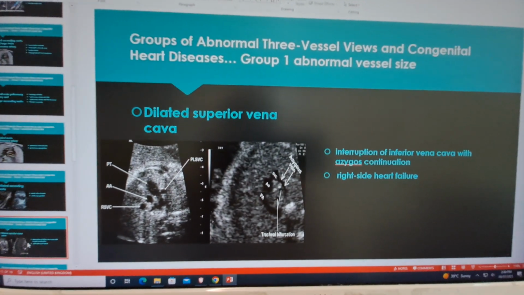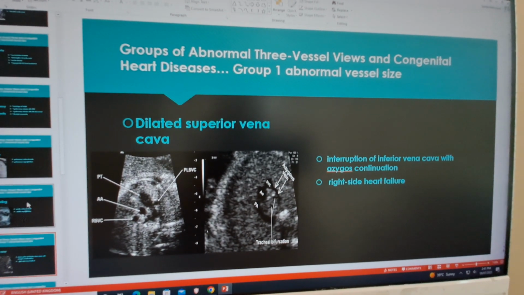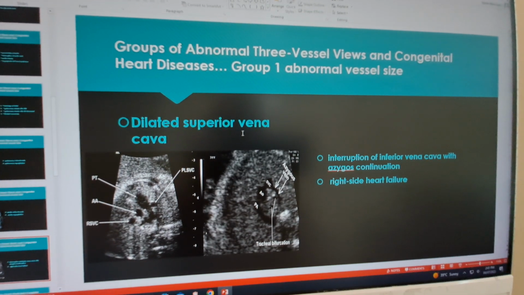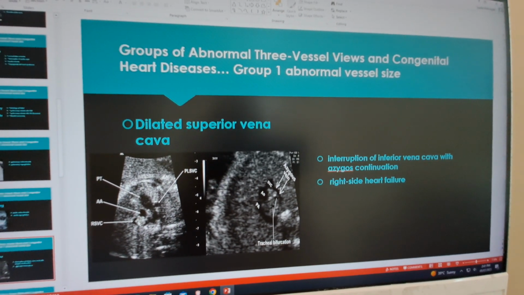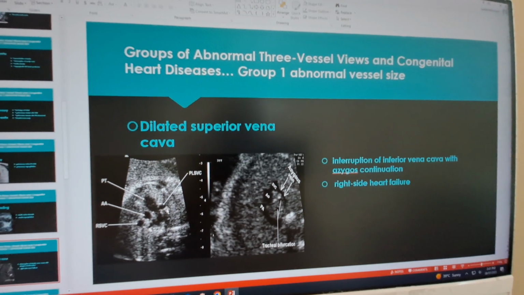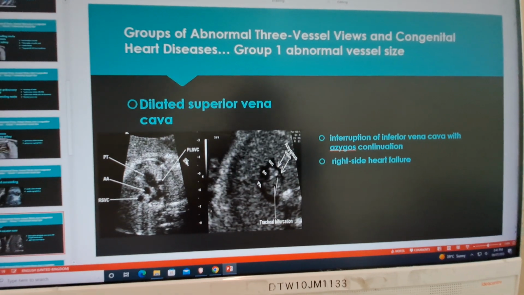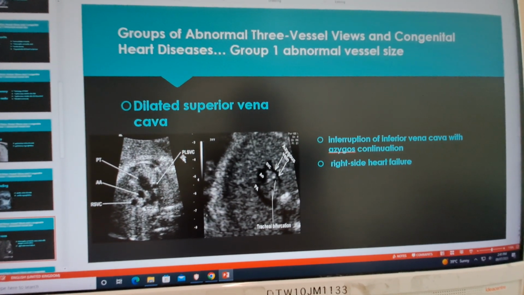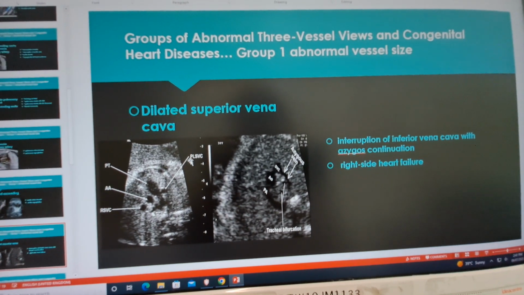Now another point, the dilated superior vena cava. If the superior vena cava is dilated, it means it is giving some extra branch, like a persistent opening of the superior vena cava.